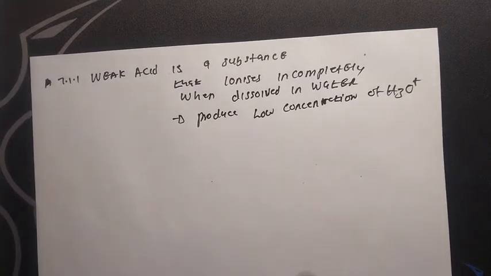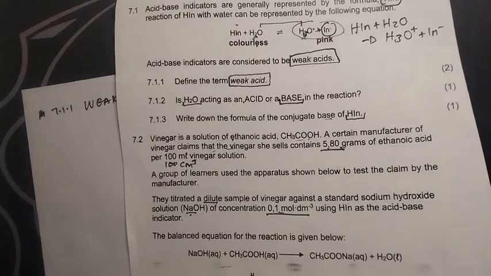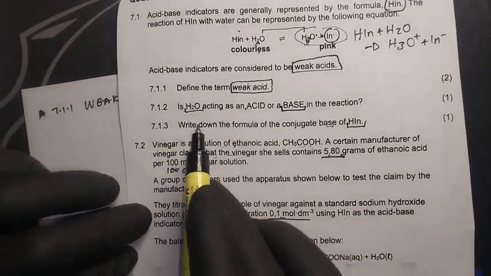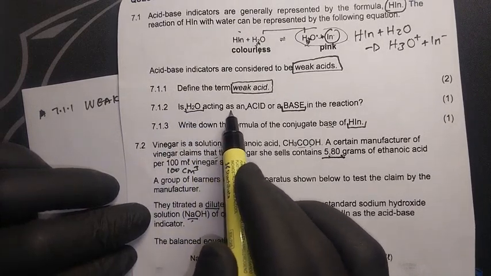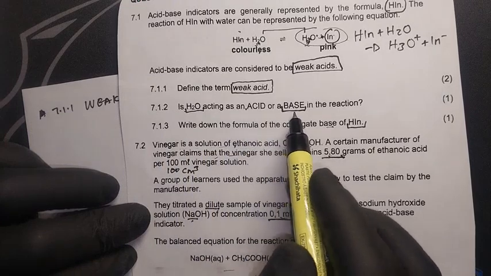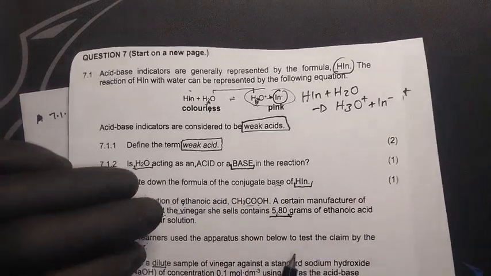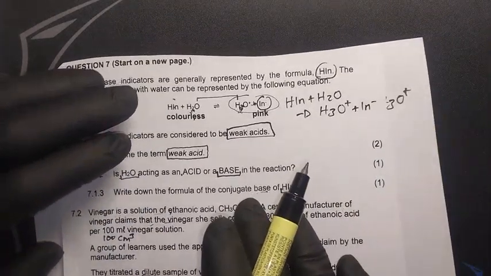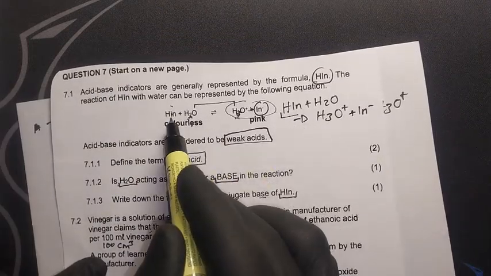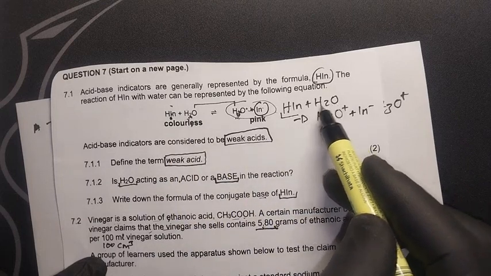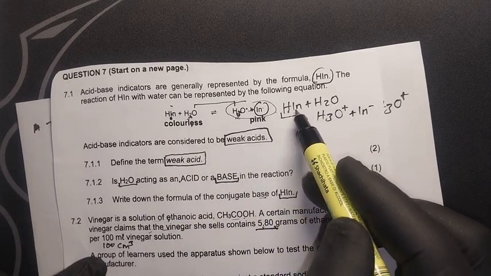Now to the next one on the question, 7.1.2. Is H2O acting as an acid or as a base in the reaction? When we check our reaction, this one over here is our acid. Now H2O will be acting as a base.